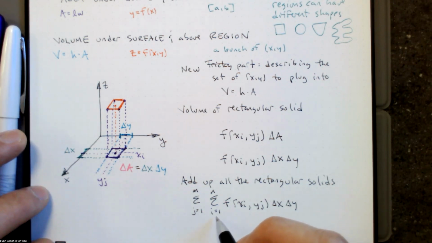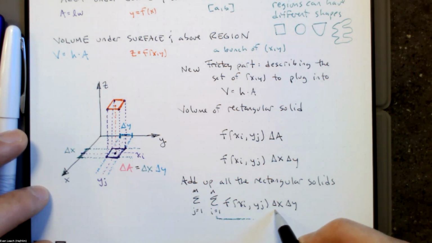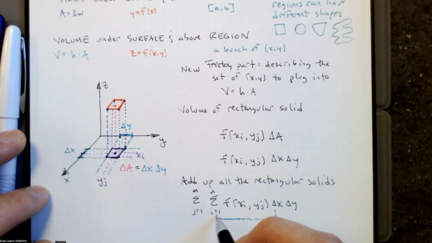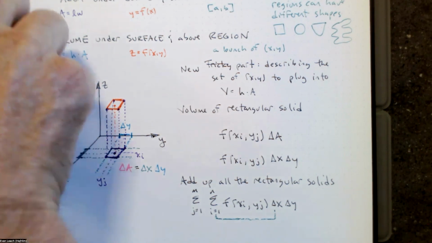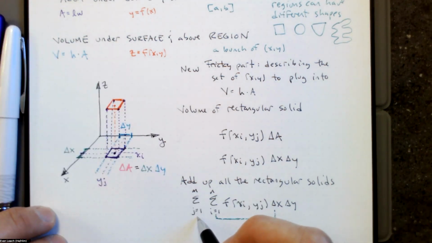I listed the i indexing first because I listed delta x kind of closest here. I listed j second on the outside.